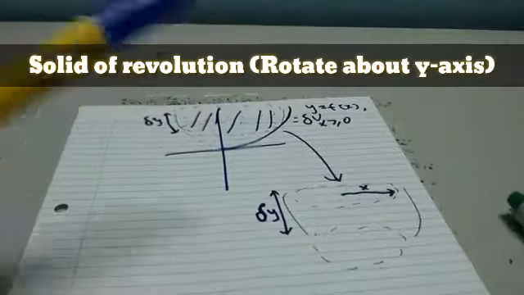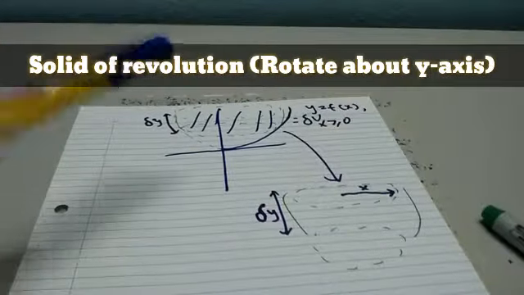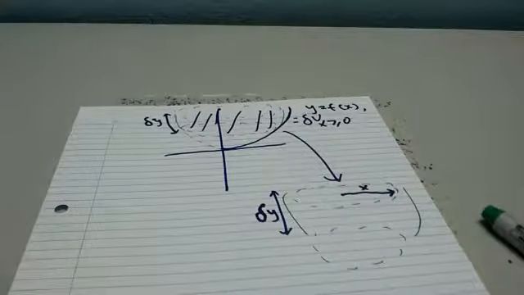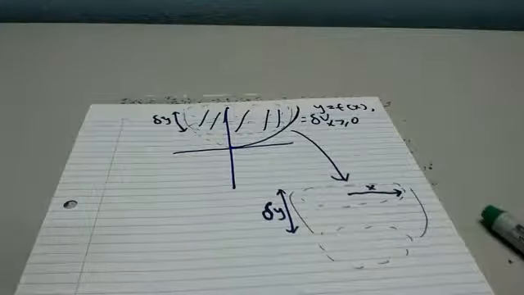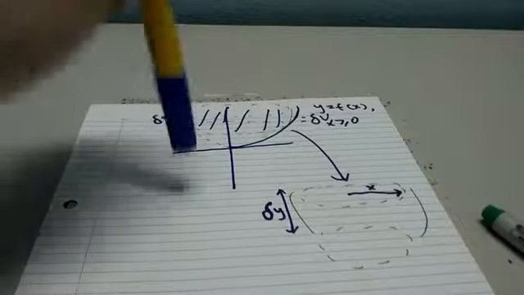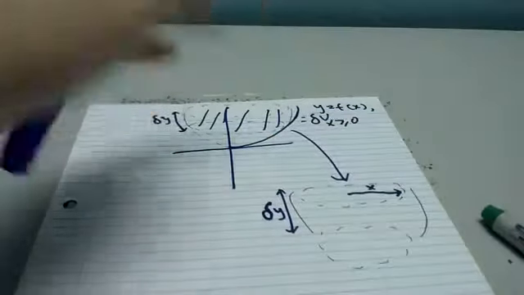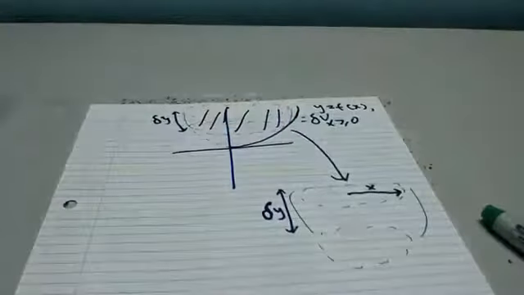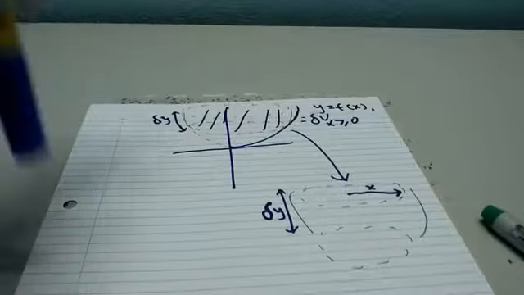Let's start proving the solid of revolution that is rotated about the y-axis. The formula that we did just now is the formula of the solid of revolution when the line rotates about the x-axis. But what about the y-axis?